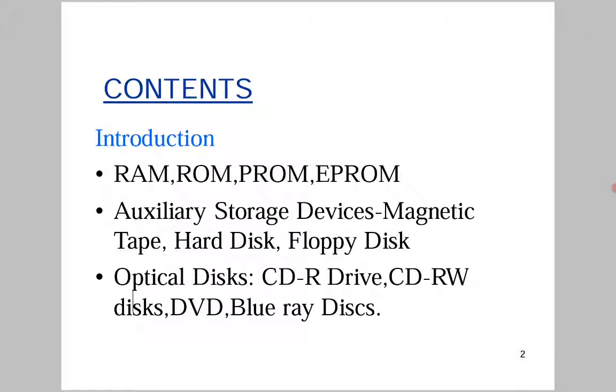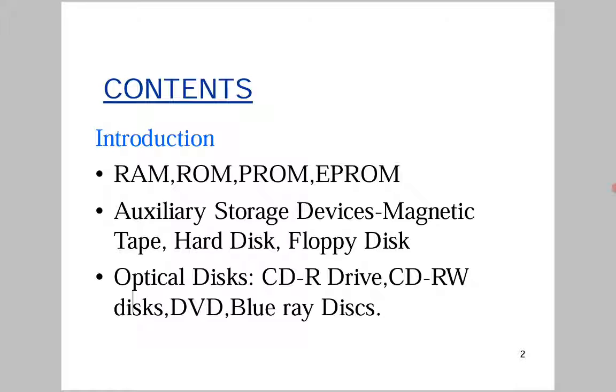Different types of memories are available: RAM means random access memory, ROM means read only memory, PROM means programmable read only memory, EPROM means erasable programmable read only memory, and auxiliary storage devices. Auxiliary storage devices means secondary storage devices.